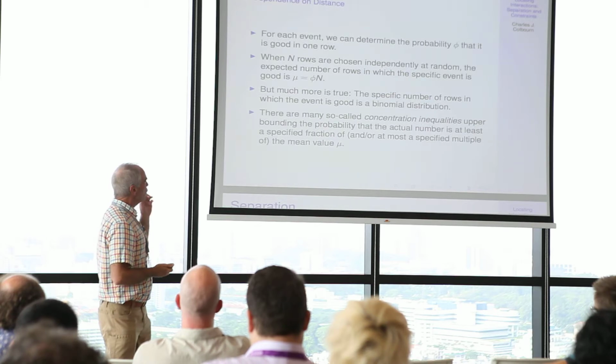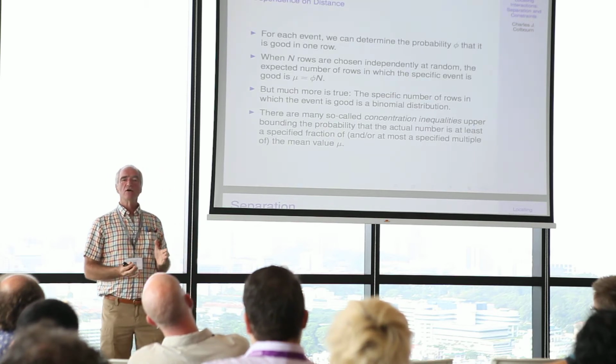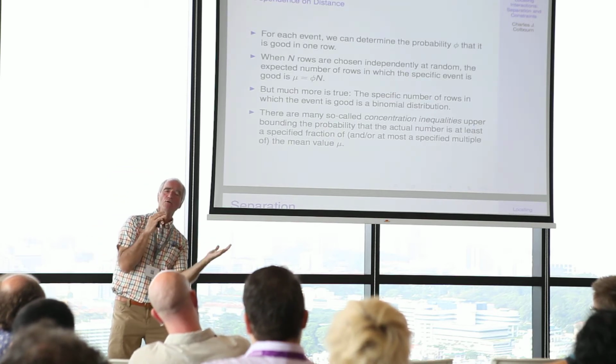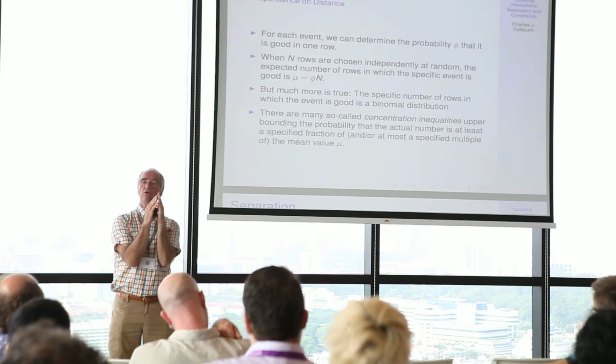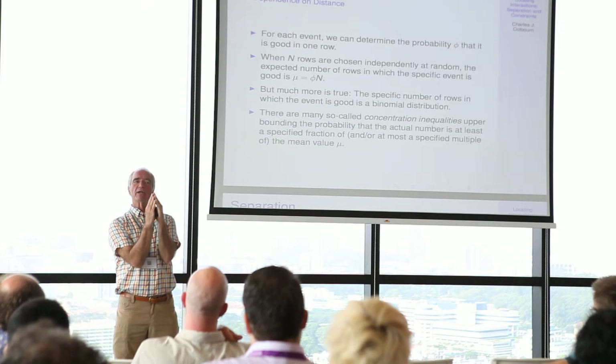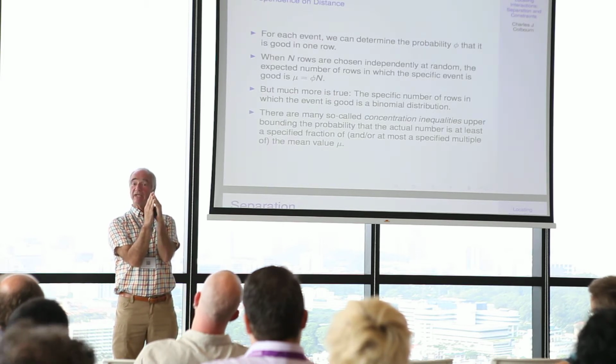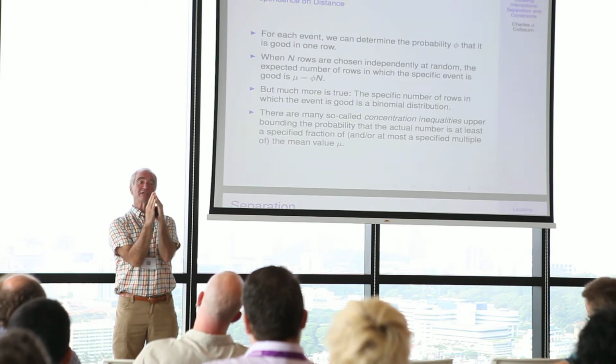So now, what is it that we're asking for? Instead of asking what's the probability that it's at least 2, or at least 3, or at least 4, we could ask, what's the probability that it's very close to the mean, very close to the expectation?